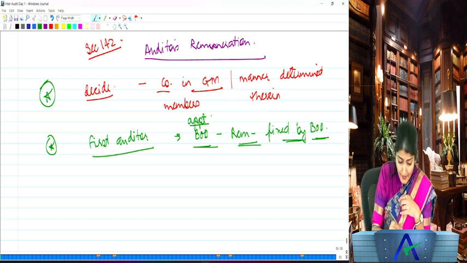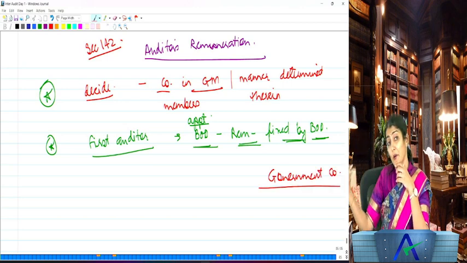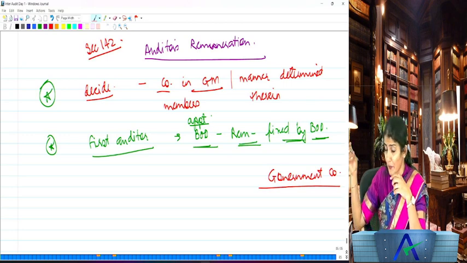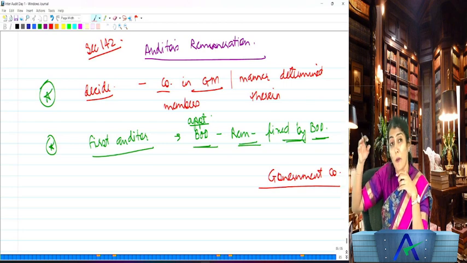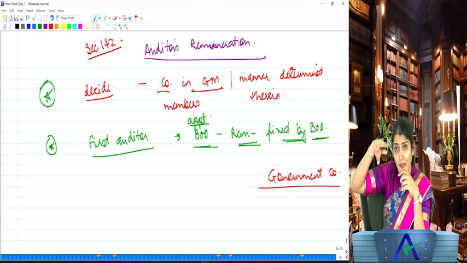Now, what does it say? In case of a government company, let me see what you've understood. In case of a government company, who appoints the subsequent auditor? The CAG, within 180 days from the commencement of the financial year. In case of other than a government company, who appoints the subsequent auditor? The members of the company.